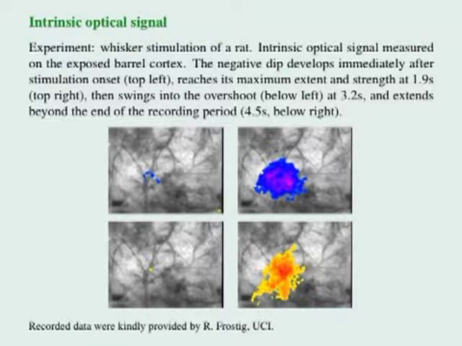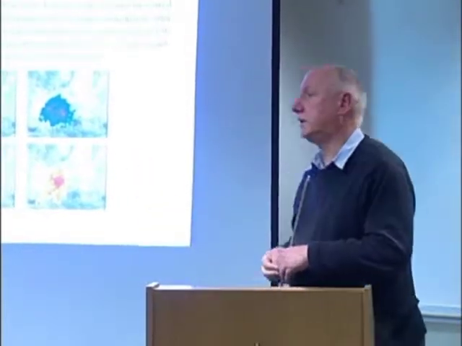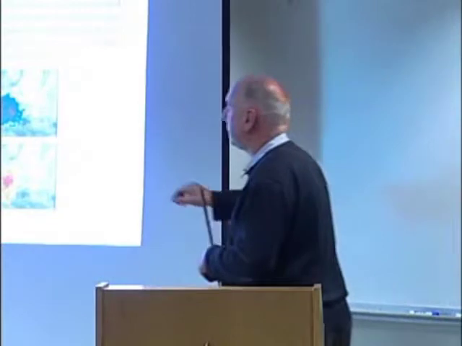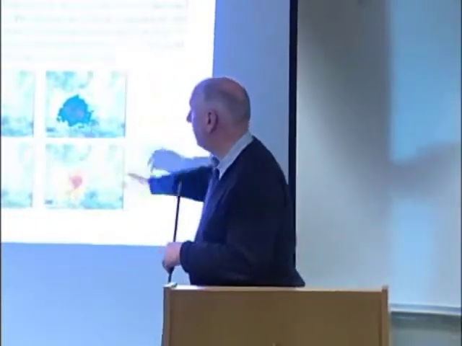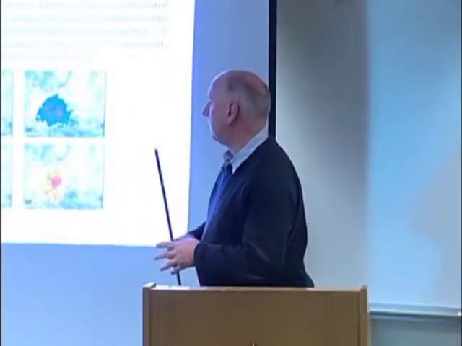And you also can see that the shape of the area where we see this negative dip is different from the shape of the area where we see the overshoot, where we see the bold effect. So this is thought to be more correlated with the real area of cortical activation, whereas this is somehow related to the vicinity of the blood vessels.